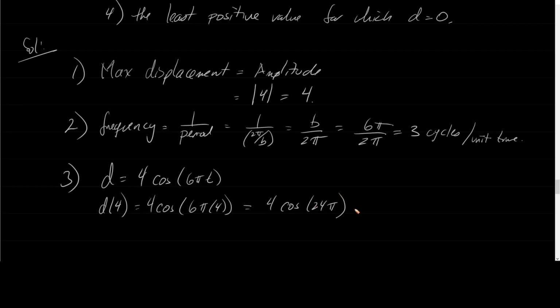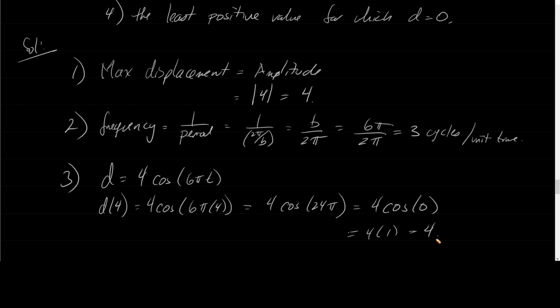But that's not in the unit circle. So if I come up with a coterminal angle, in other words, subtracting 2 pi over and over again, I get that this is equivalent to 4 cosine of 0. And cosine of 0 is 1, so I end up with 4 times 1, which is 4.